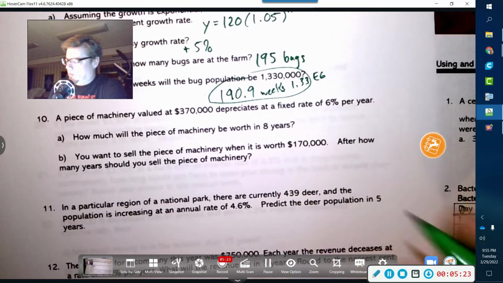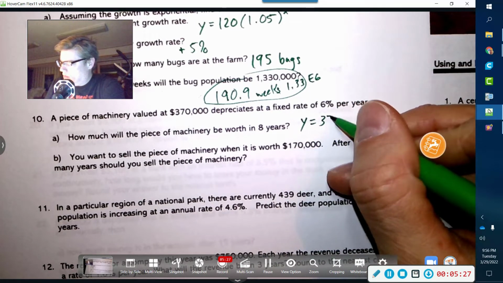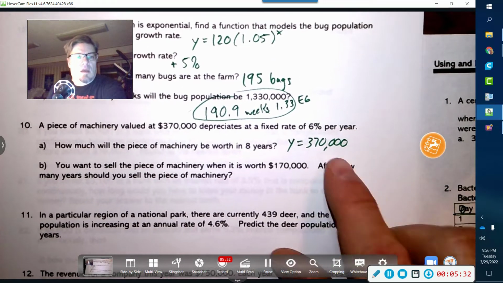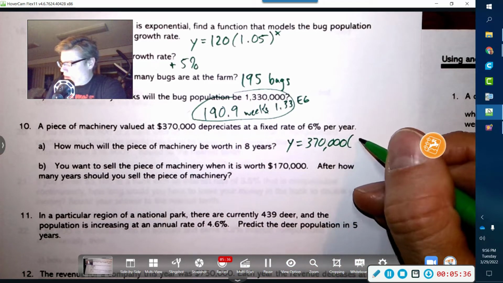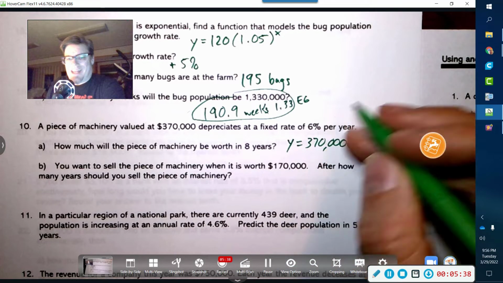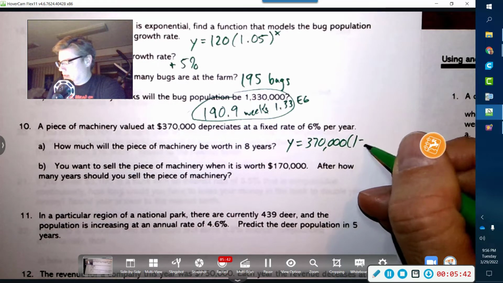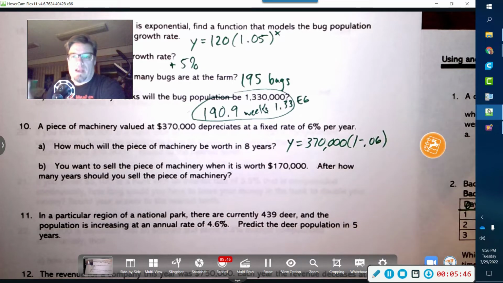All right. Well, let's get the function going here. So y equals its initial value. Okay. Let's see. That is going to drop by 6%. So that would be 1 minus 0.06. All right. And we can just leave it like that or call it 0.94. Okay.